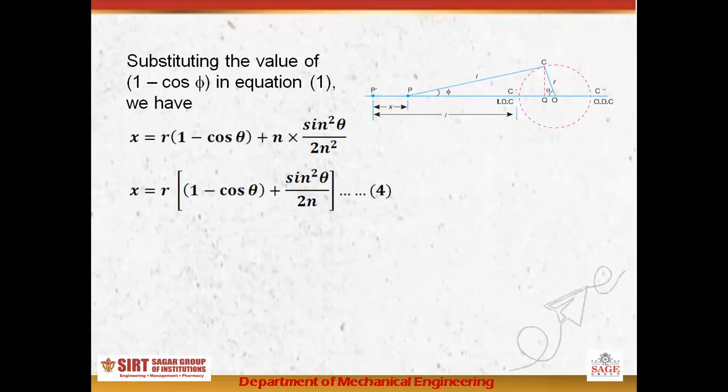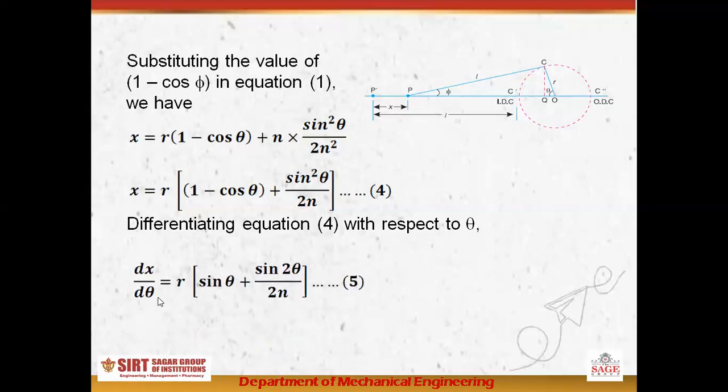Now we have to calculate the velocity of the piston. After calculating the displacement of the piston, we differentiate this equation with respect to theta. So dx upon d theta is equal to r, which is a constant, times the differentiation of 1, which is 0, minus cos theta, whose differentiation is minus sin theta.